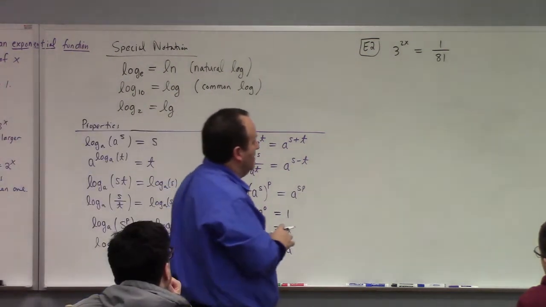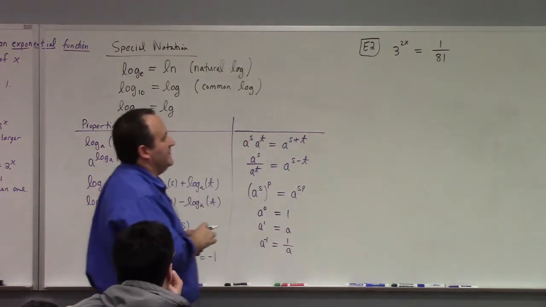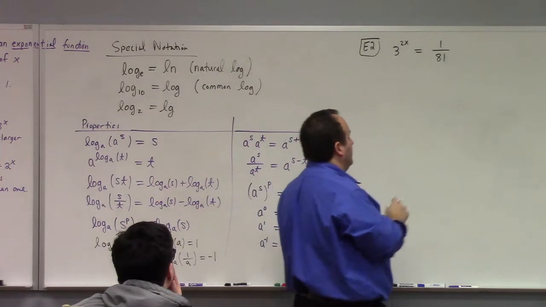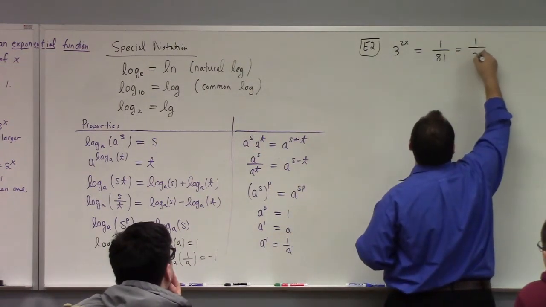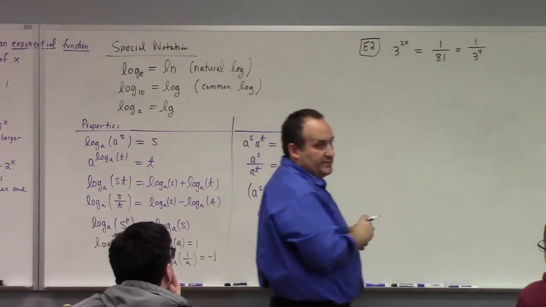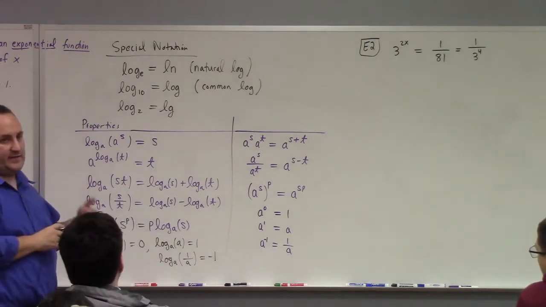Well, I think we can. Everything here is kind of base 3, right? 1 over 81 is actually what? 1 over 3 to the 4th power, right? Because 81 is 9 times 9, which is 3 squared times 3 squared, which is 3 to the 4th. Or if you like, 3 times 3 times 3 times 3.